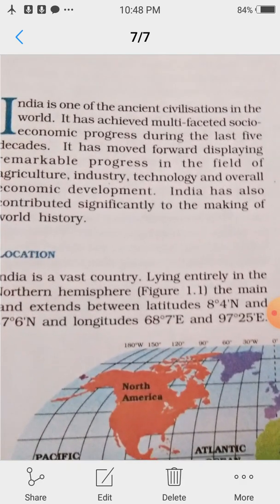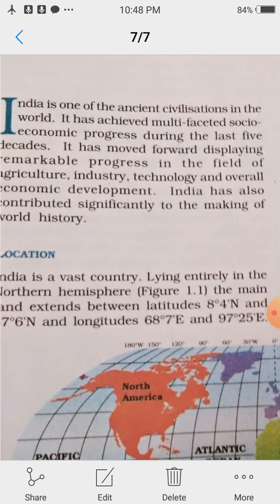India is one of the ancient civilizations in the world. It has achieved multifaceted socio-economic progress during the last 5 decades.